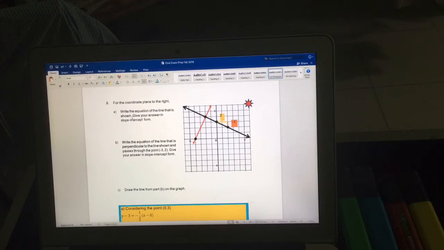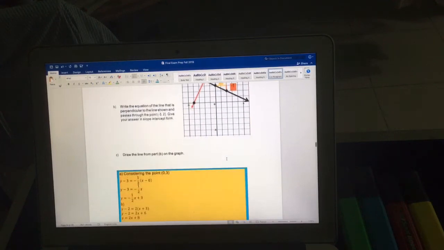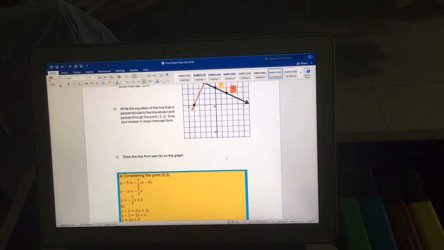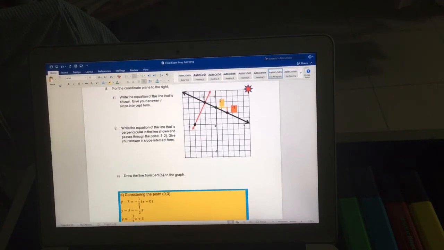So the first question is, we have to find the equation of the line. How can we find the equation of the line? We can find it in 2-3 different ways. First of all, the easiest and most widely used is to find 2 points from the line.